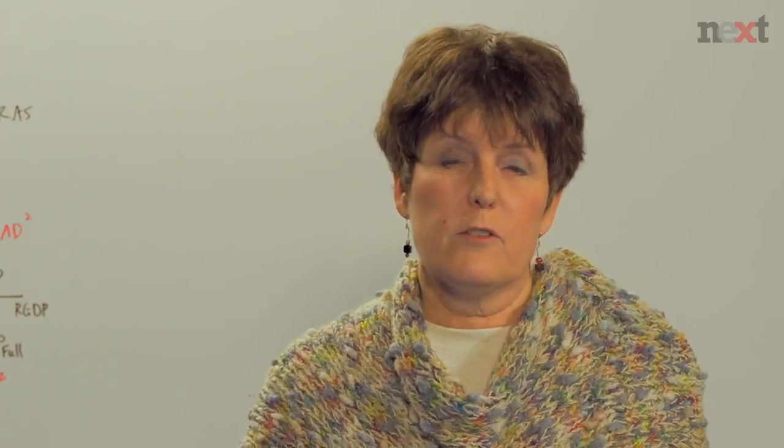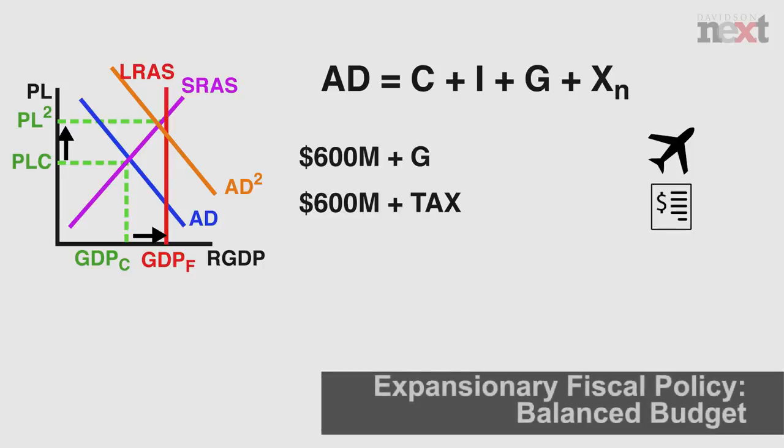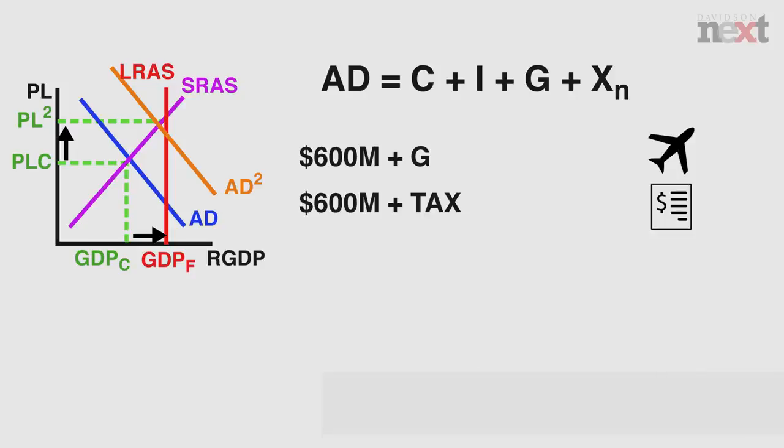Let's consider one final scenario. Let's assume that the government wants to buy those jets for $600 million, but it wants to pay for it by increasing taxes by $600 million. What's the effect on the economy? We know that a $600 million increase in government spending can lead to a maximum increase of $2.4 billion in the greater economy, or in output.